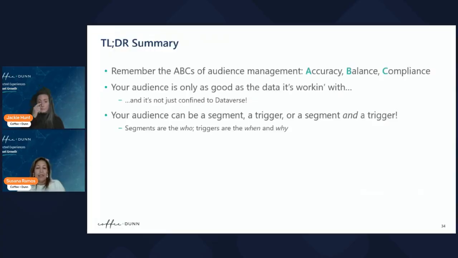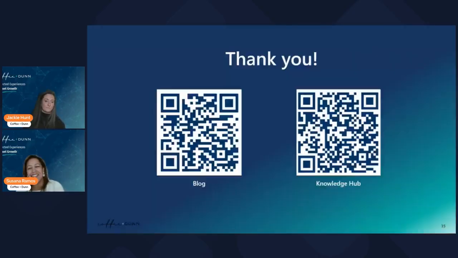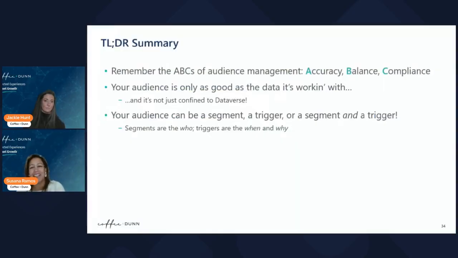Awesome. Well, look, we went through a lot today related to audiences, elevating your audience strategy, and better understanding audience management. But remember, start with your ABCs: accuracy, balance, and compliance. And look, we talked about this, but data is king here, right? Your audience is only going to be as good as the data that you're working with.